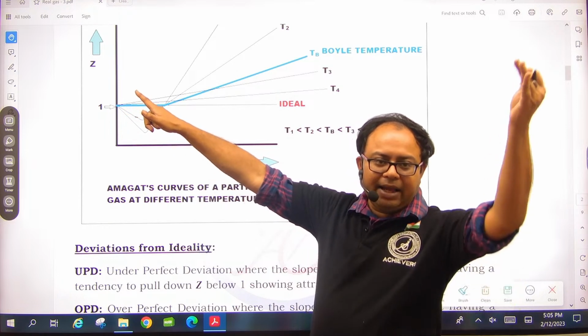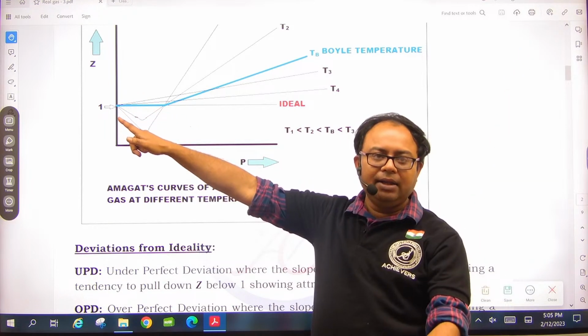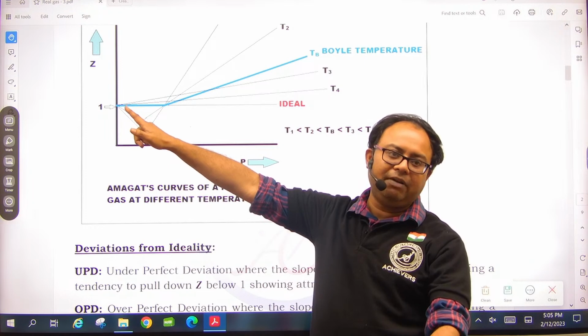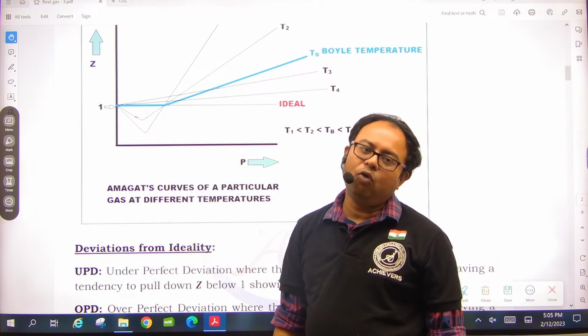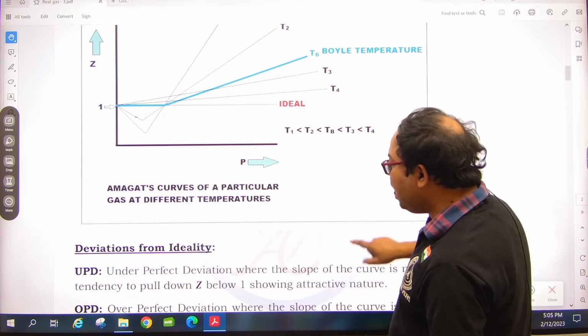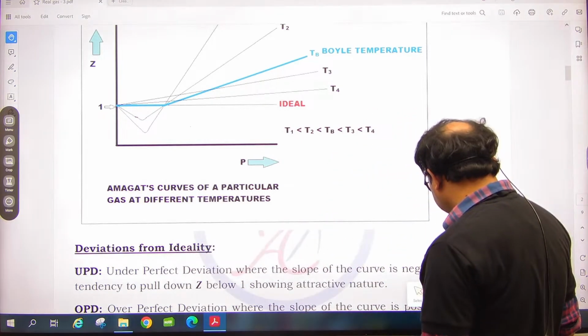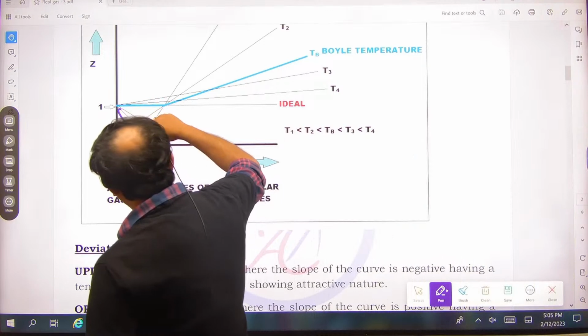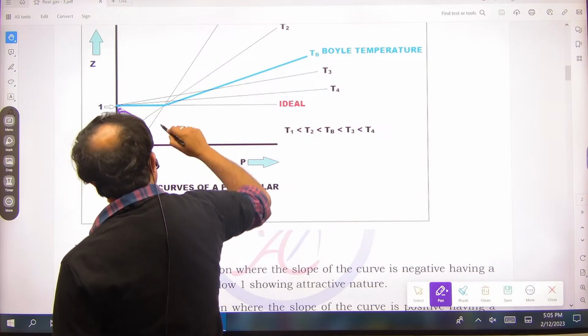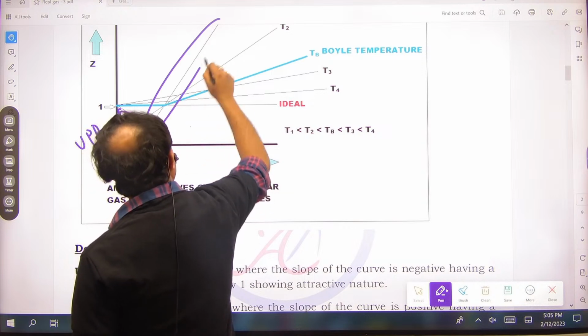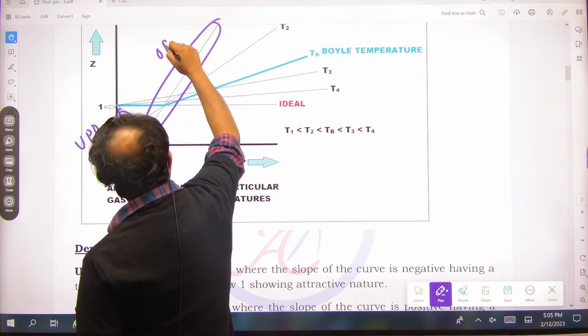So if you are making a downward movement, it is known as under perfect deviation. And if you are making an upward movement, it is known as over perfect deviation. This is UPD and this is OPD.